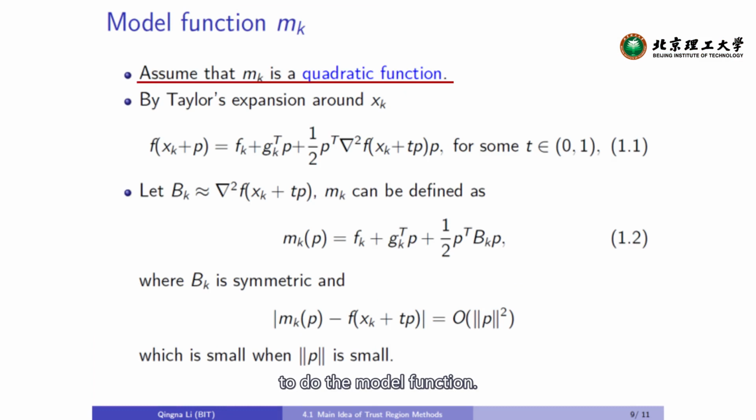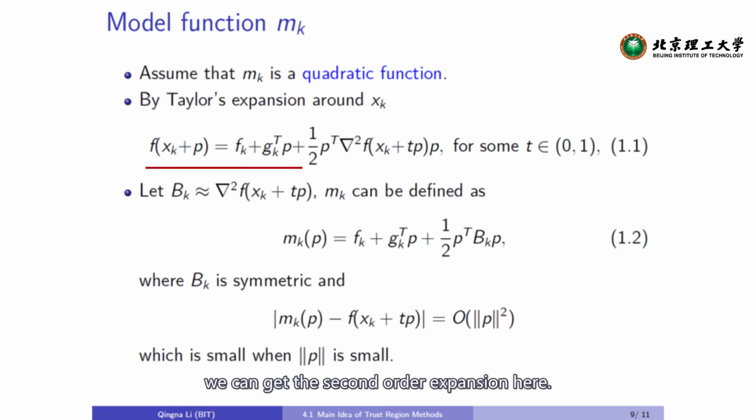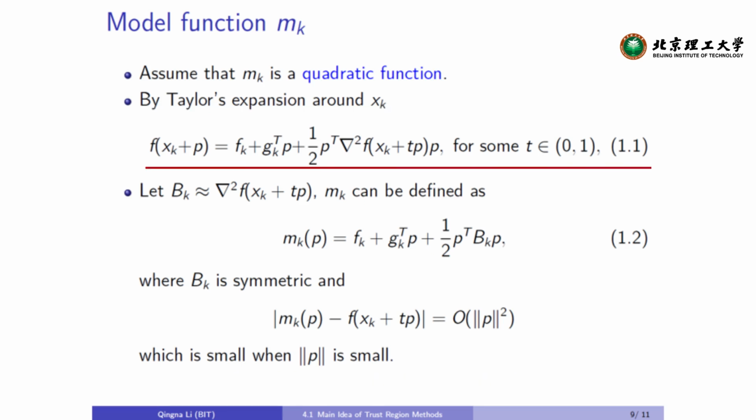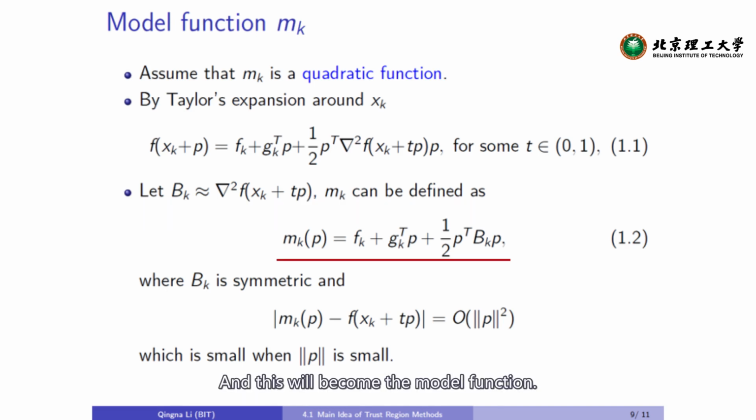The intuition is that if we do Taylor's expansion around xk, we can get the second order expansion here, and we replace the Hessian by a matrix Bk. Okay, so Bk is an approximation of the Hessian matrix, and this will become the model function.